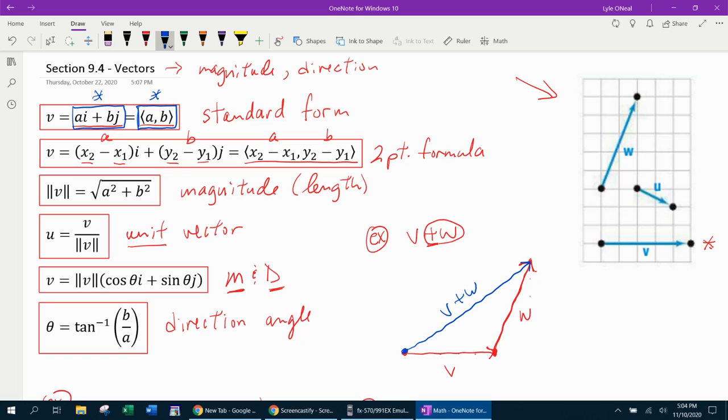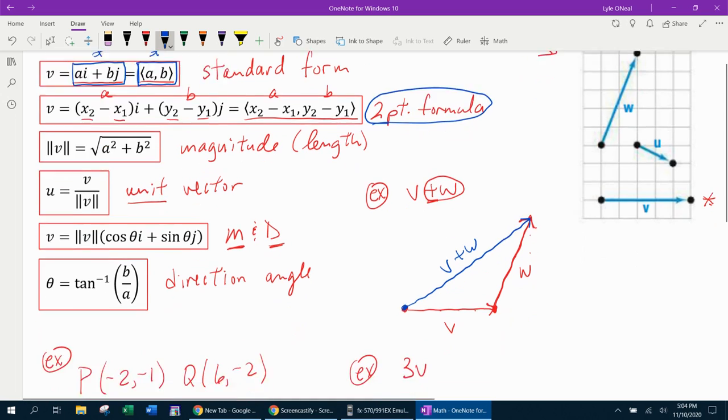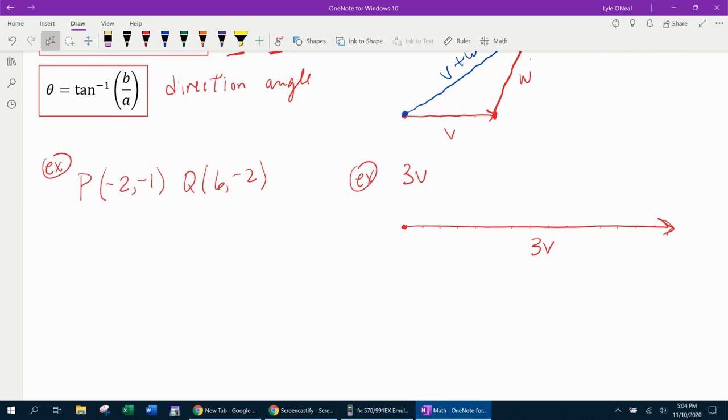All right, so here we go. We're going to be using the two-point formula because we were given two points. And remember I said that the initial point is x1, y1, and the terminal point is x2, y2.